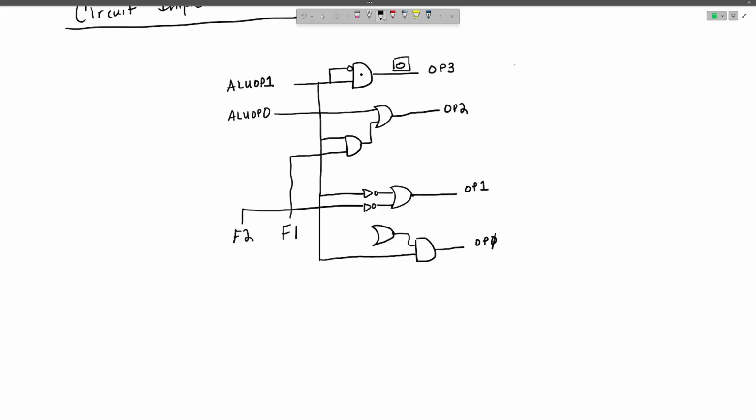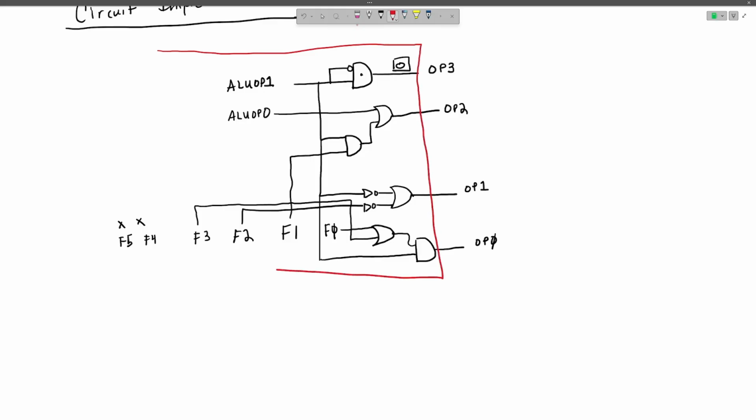And then to our OR gate, we're going to have F0, and we're also going to have F3. And obviously we have F4 and F5, but they're don't cares. And this is our circuit for our arithmetic logic unit controller.